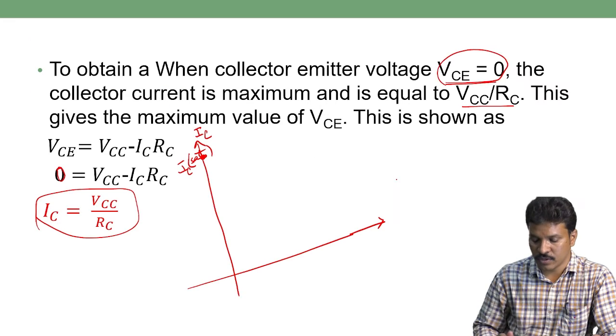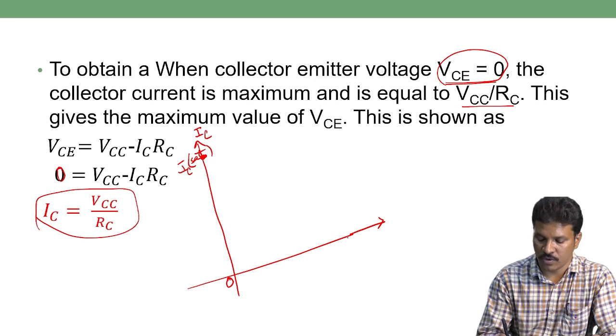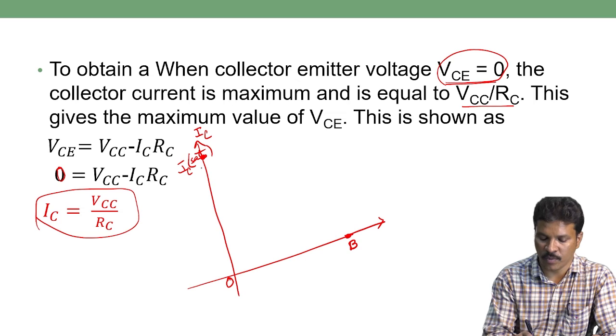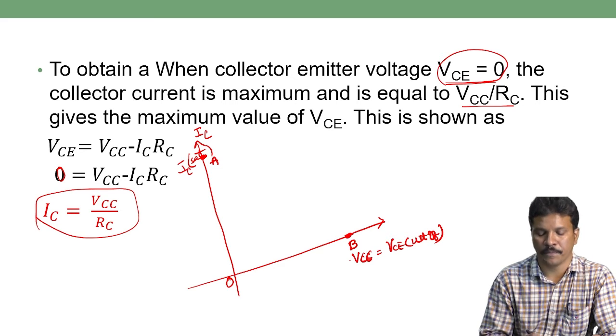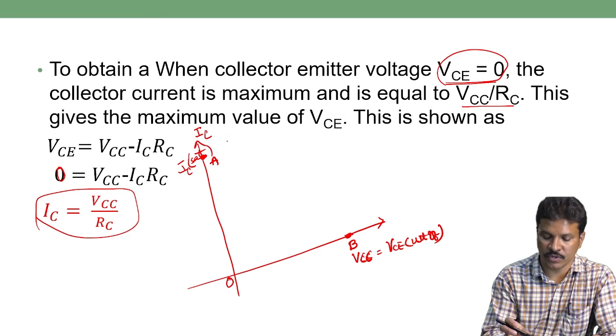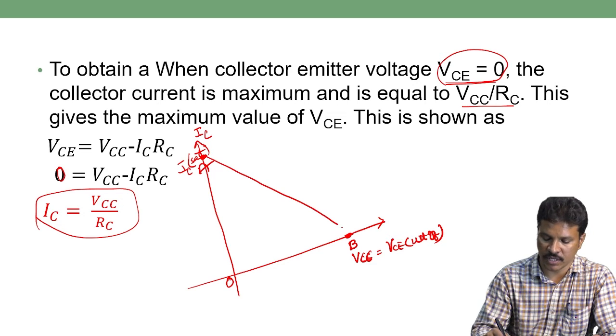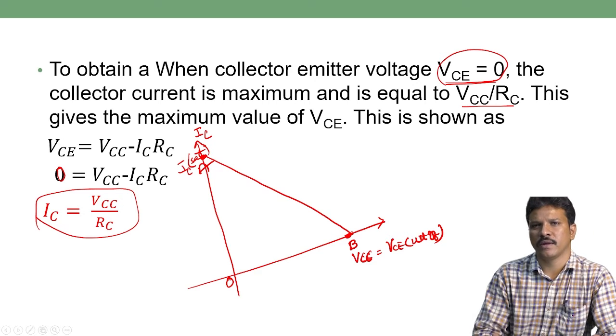This is point A and this is point B, which is equal to VCC. It is also called the VCE cutoff point. When we join these together, point A and point B, we get the load line.